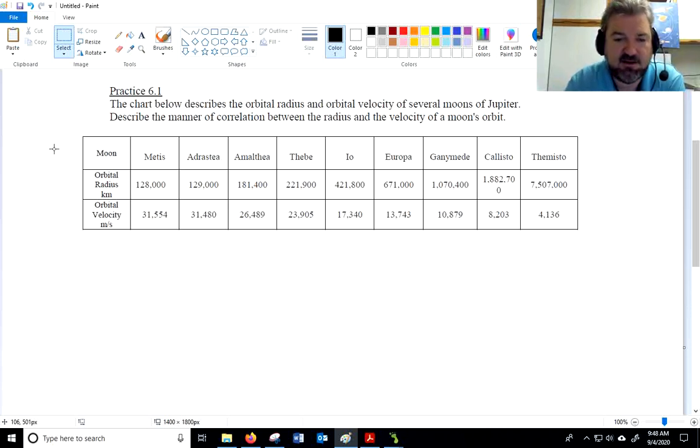Do you think this is going to have another super strong correlation? Maybe. Looks like one of my numbers here of Callisto fell down. So this is a 700. Probably need to reformat that table. Anyway, I want you to see what kind of correlation there is between the radius and the velocity of the moon's orbit. So pause the video and give it a try.